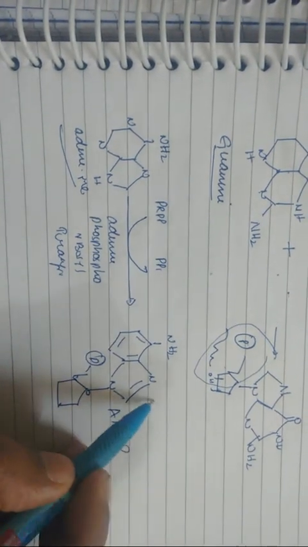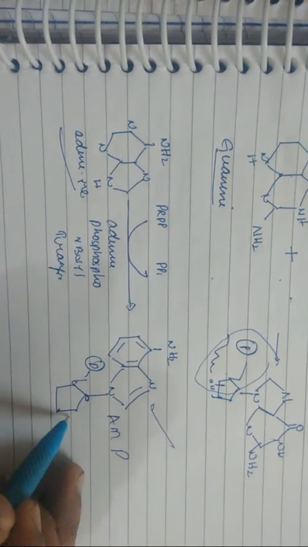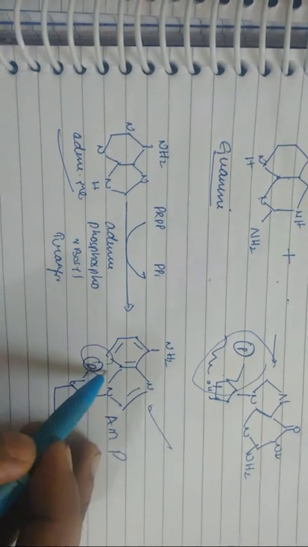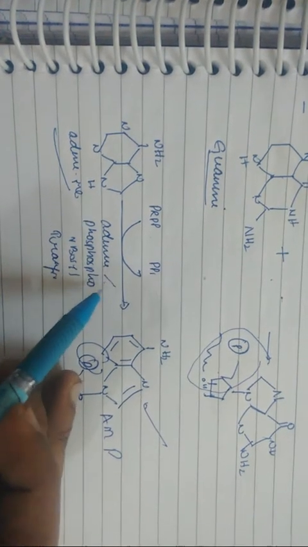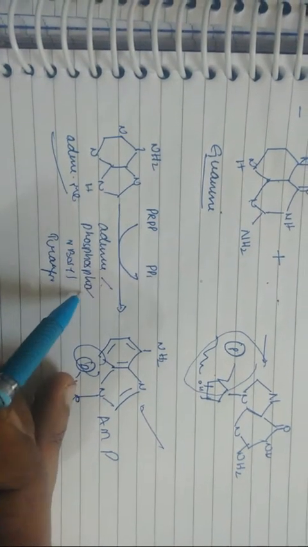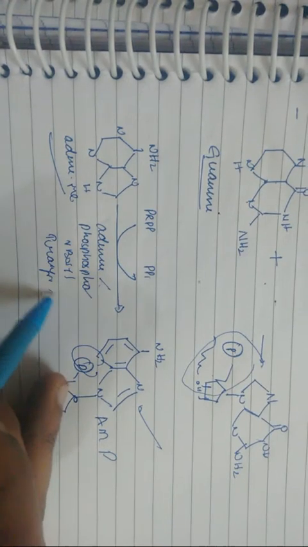Why? Because adenine with the sugar is known as adenosine and it has got phosphate. Who is helping that? It is adenine phosphoribosyl transferase.